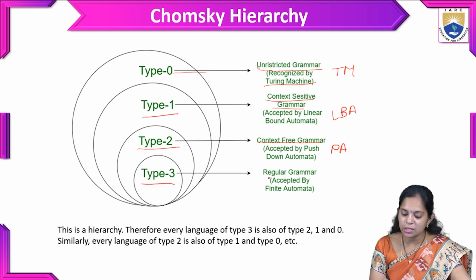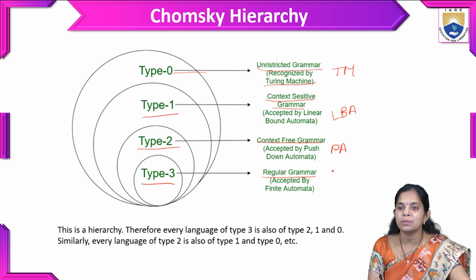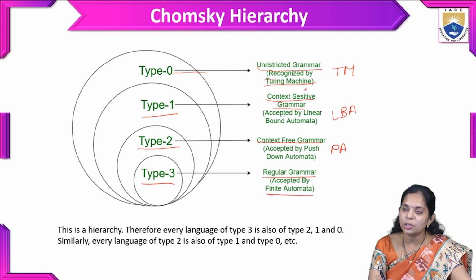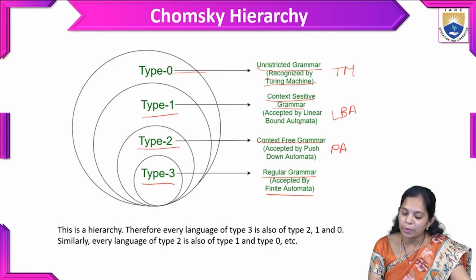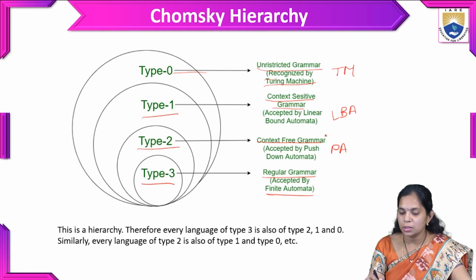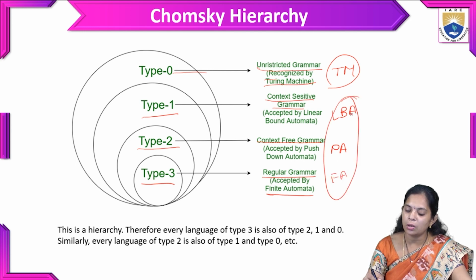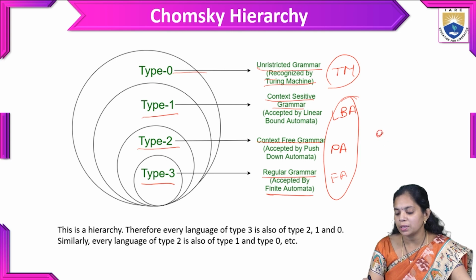Type 3, the regular grammar, is accepted by the finite automata. The first one is a machine, and the remaining are all automata that accept the languages.